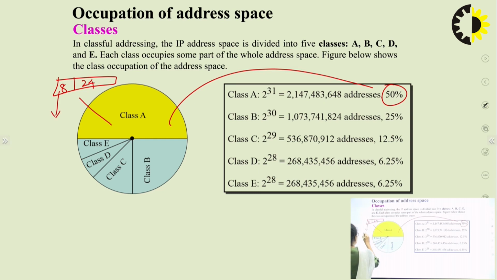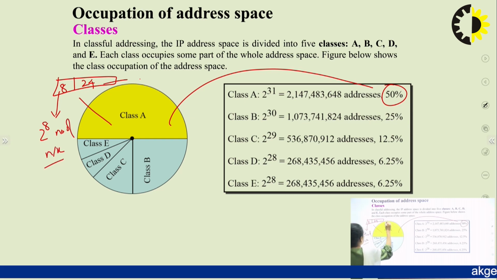That means we can have a maximum of 2 to the power 8 networks if you are using Class A, and the number of hosts in each network is 2 to the power 24, which is a huge number.